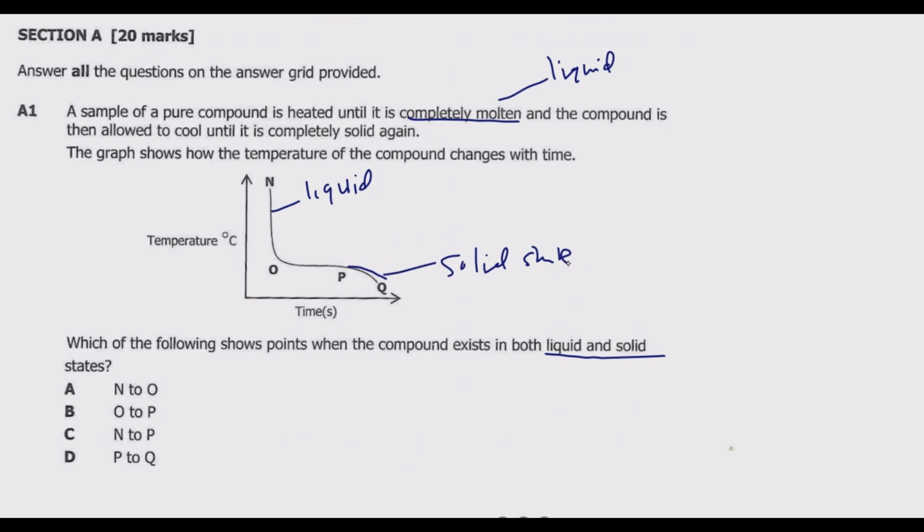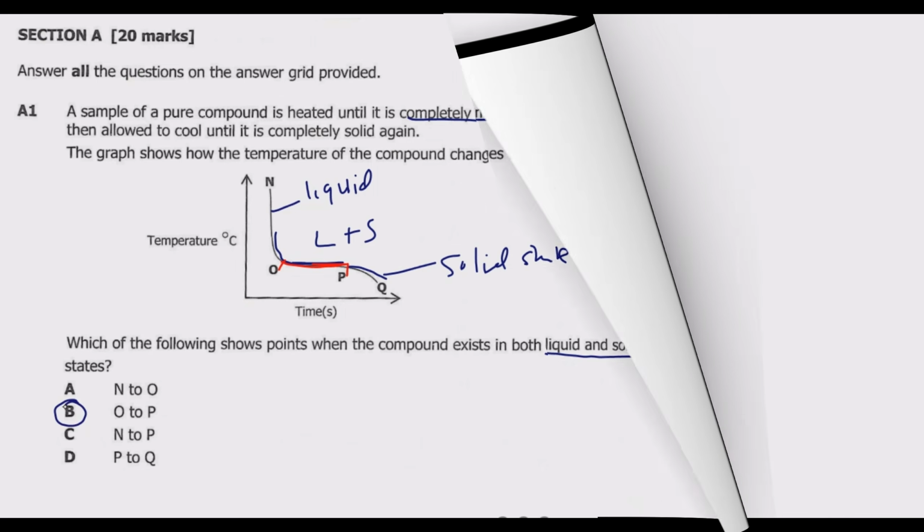Then up to here, this will be a mixture, which is liquid plus solid state. So you see the range O to P is where we are going to have a mixture. If you check the answers, you notice that B is the correct answer, which is O to P.